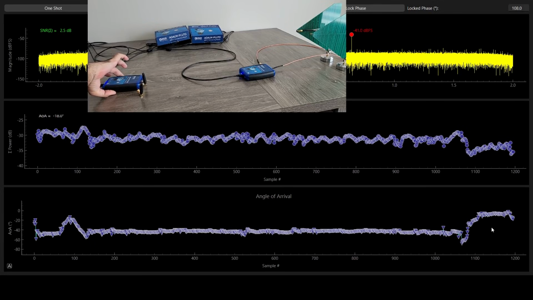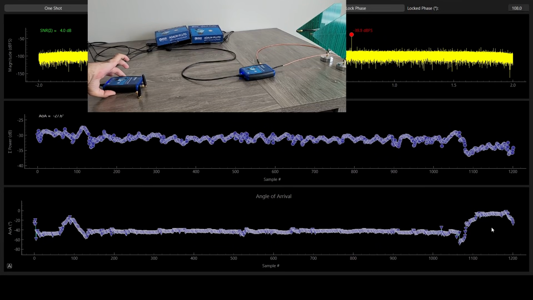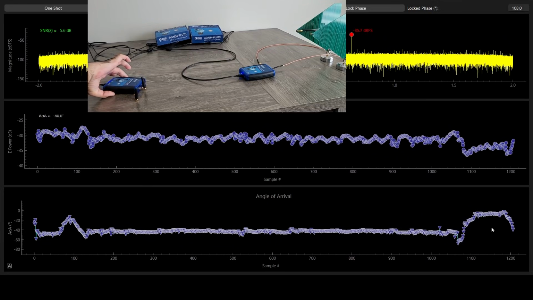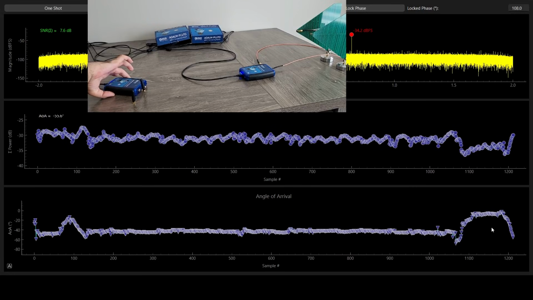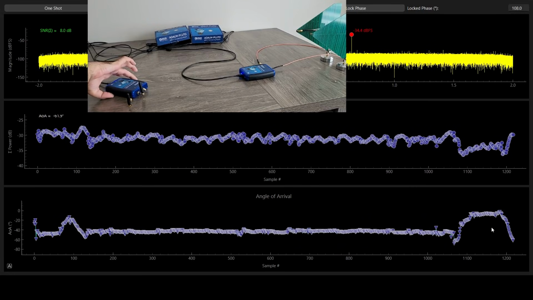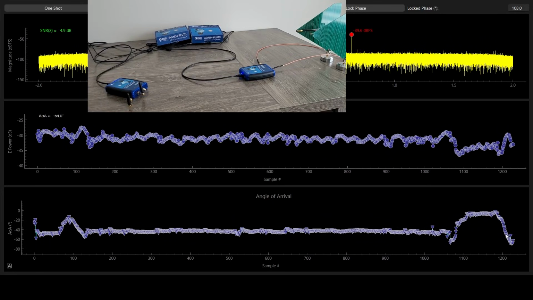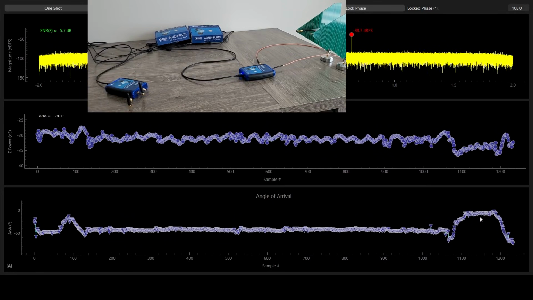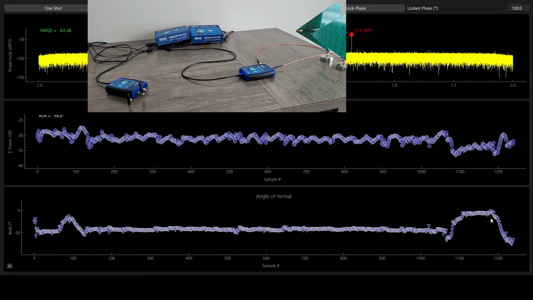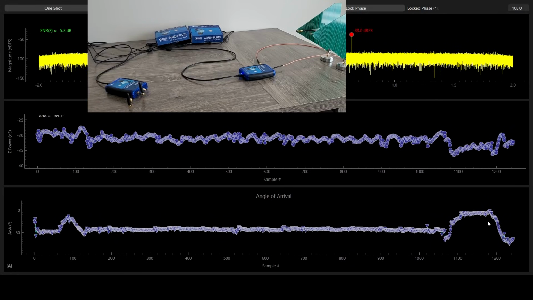If I go back and change the RX position again, rotate it a little bit with respect to TX, you can see the angle of arrival now ramps down to minus 80 degree. So this definitely is working very well. We can calculate the angle of arrival.